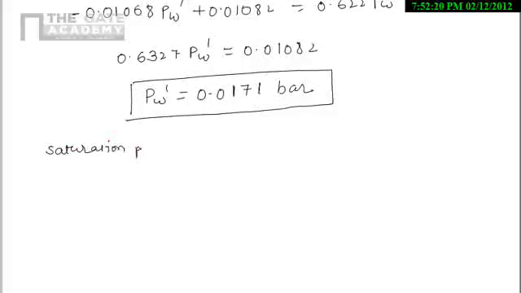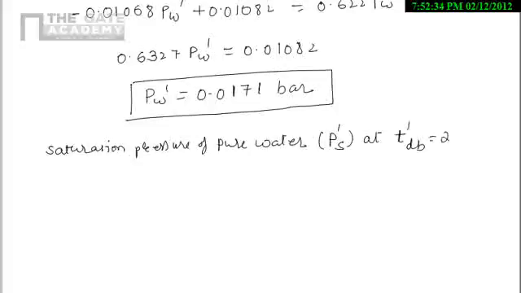Now the saturation pressure of pure water, that is PS dash at T dash equals 20 degrees centigrade, will be 0.0234 bar. So that is the saturation pressure of pure water. Now we have to find the relative humidity.